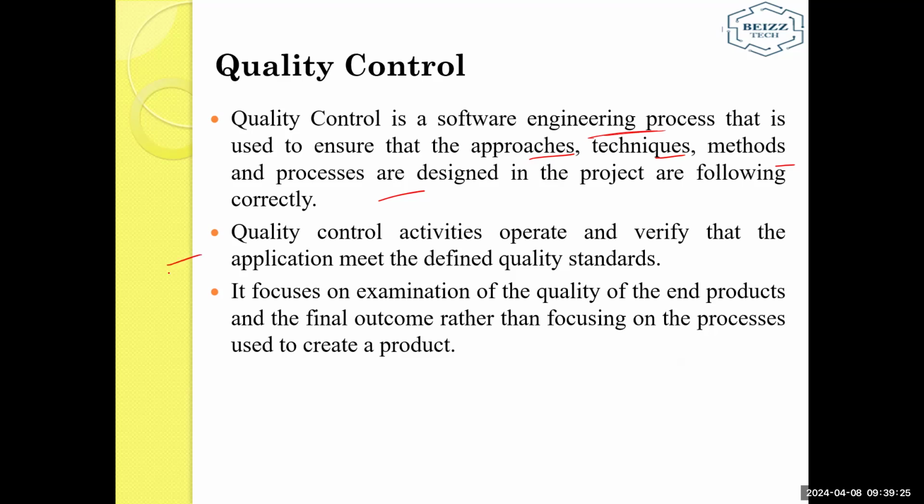It's actually responsible for validation process. So here we can perform the activities which operate and verify that application meets defined quality standard. Mainly it focuses on examination of the quality of the end product, final outcome, rather than focusing on process used to create a product. So here the main focus is on final outcome of that product. So it doesn't focus on process. Process is already checked in quality assurance.